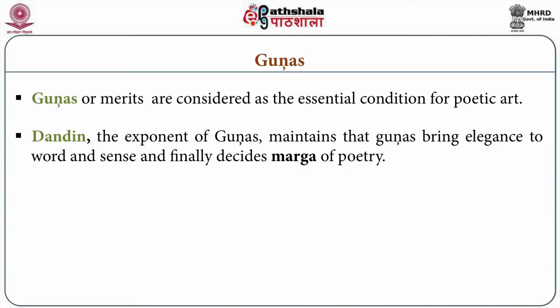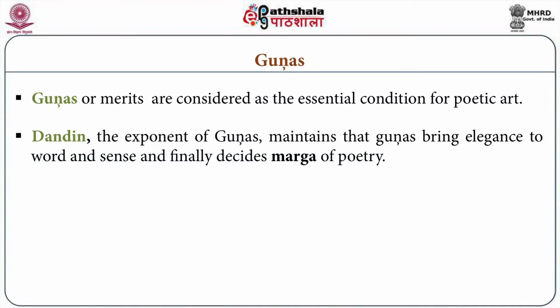So a poet brings merit or guna or elegance to poetry and avoids doshas. Opposite to merits or gunas are the doshas. Bharat was the first to contribute on gunas, but that was completely related to dramatic expression, or language that is used in drama.